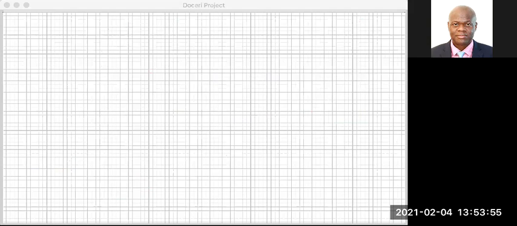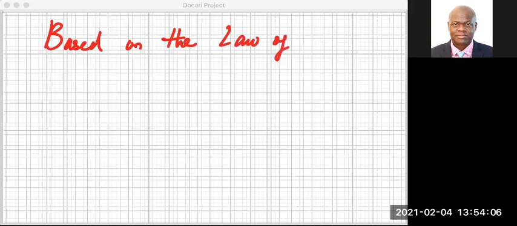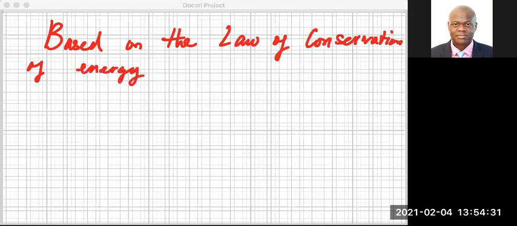Okay? So based on the law of conservation of energy, we have 1/2 ka squared is equal to 1/2 mv max squared.